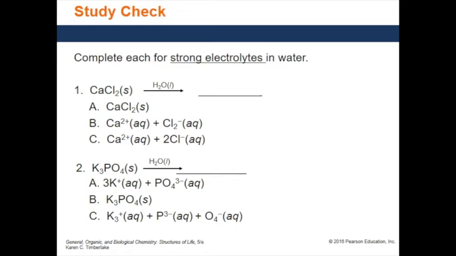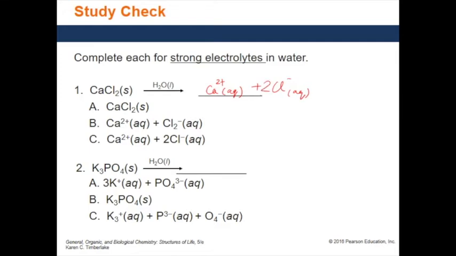Here the cation is the calcium ion. Calcium always makes its group number, 2, so it will always be calcium 2 plus, and chloride is group number 7, so it will always be 8 minus 7, which is a 1 minus charge, and this would also be aqueous. Each calcium chloride has 1 calcium ion and 2 chloride ions.